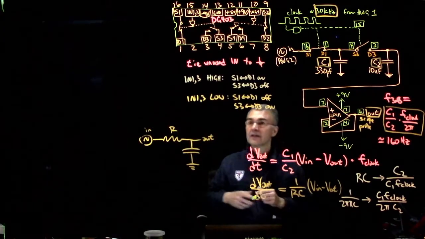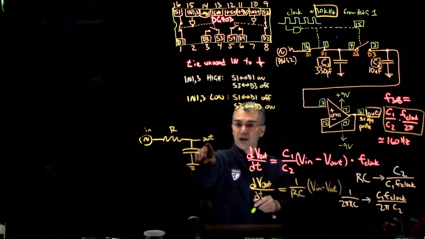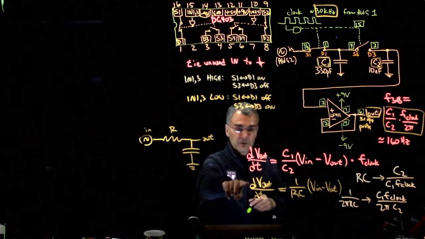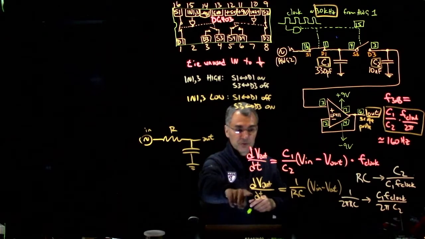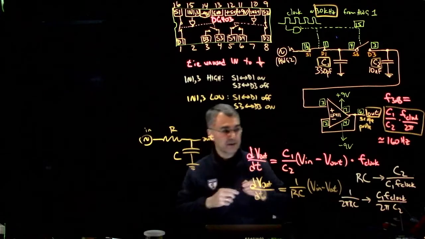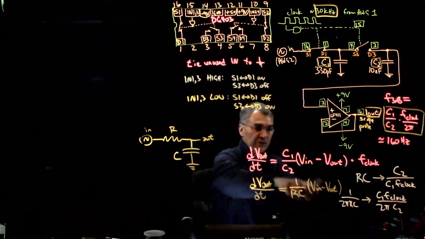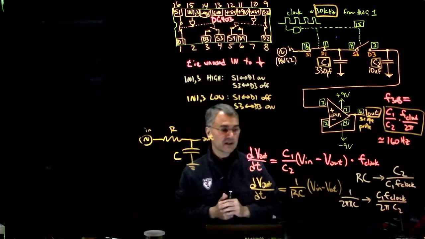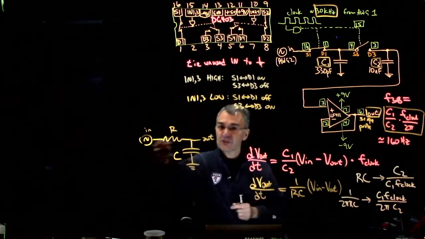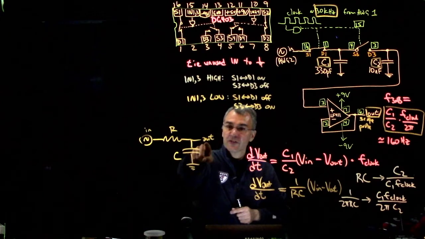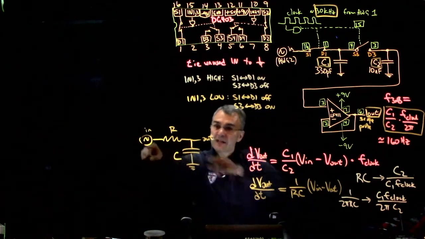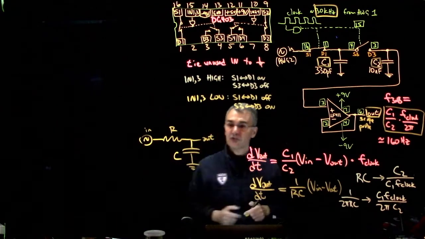The differential equation describing the output is that the rate of change of the output with respect to time is 1 over RC times the voltage difference between V in and V out. If you remember how we derived that, we assume that negligible current flows to the output, and then the current flowing into the capacitor is this voltage difference divided by this resistance. That makes sense.